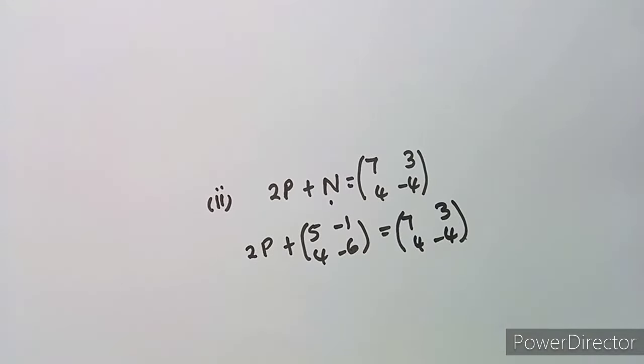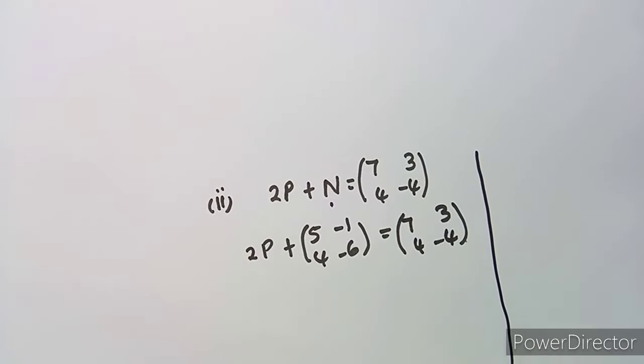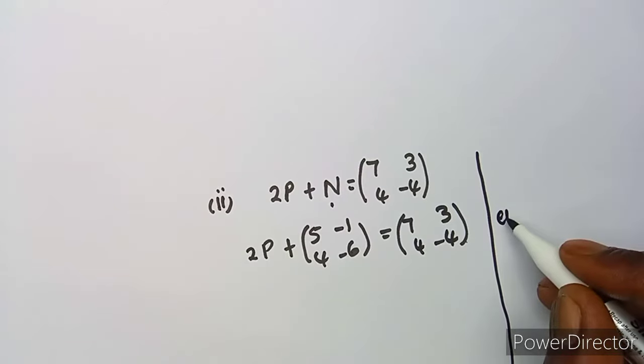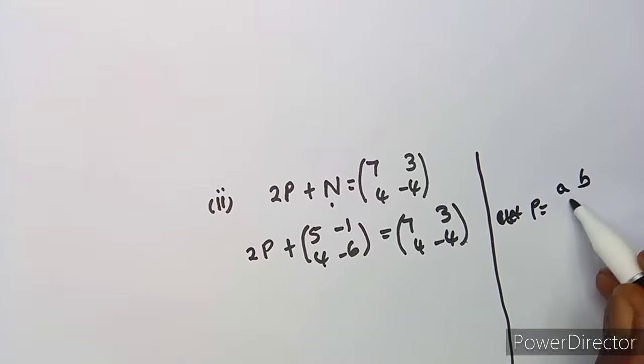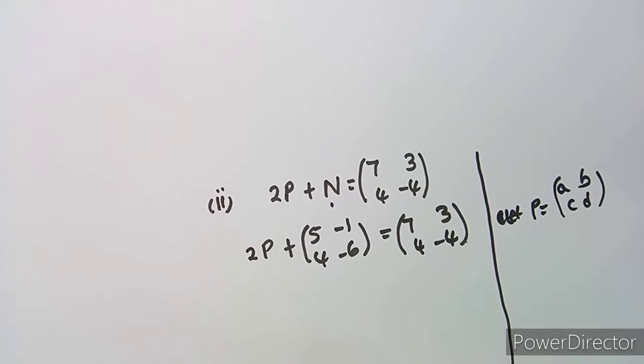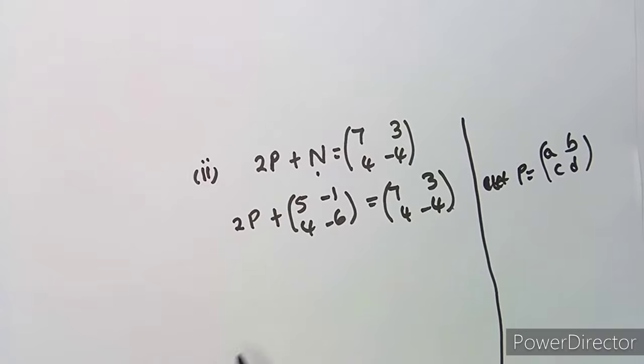All right, so there are so many ways that we can actually do this. Some of us, they can, let's say, write it like this. Let matrix P be equal to A, B, C, D. Yes, that's what some can do. But we can simply work without even introducing that, because we know that definitely in our matrices, guys, I told you that in order for you to add matrices like this, they must be of same order.